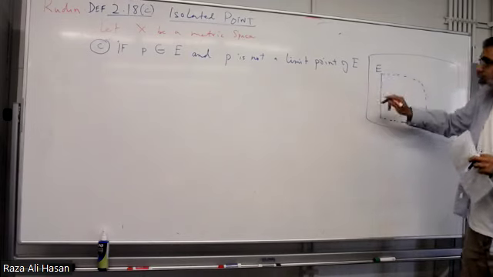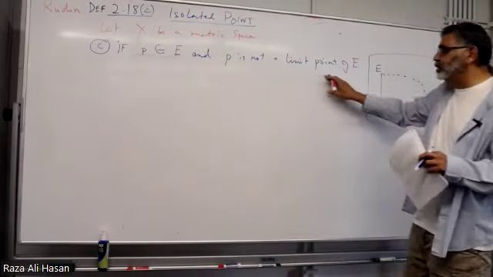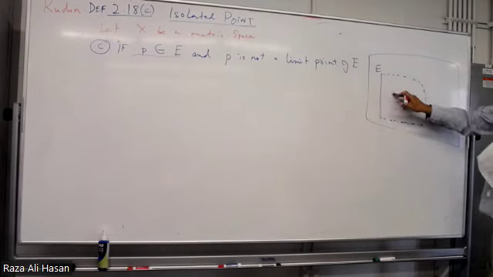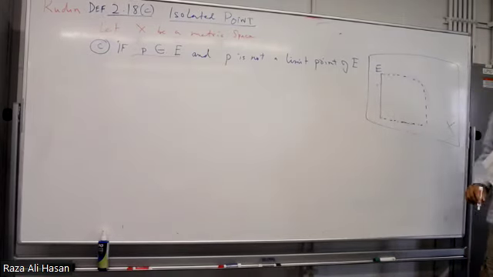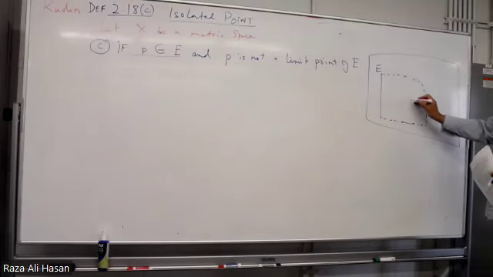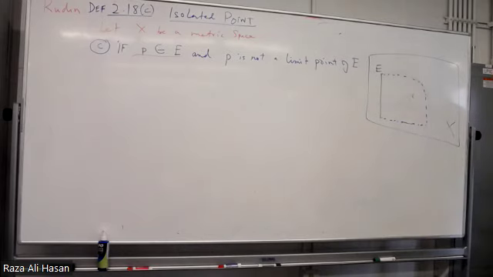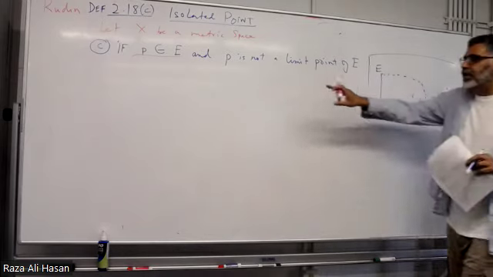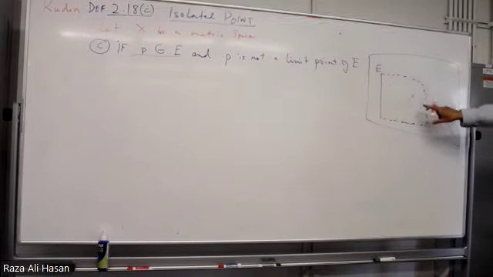Now, this satisfies this bit, but it fails because here P will be a limit point. So what if we put P inside right here? Would that work? Yes, it satisfies this part, but doesn't satisfy that because it's a limit point.